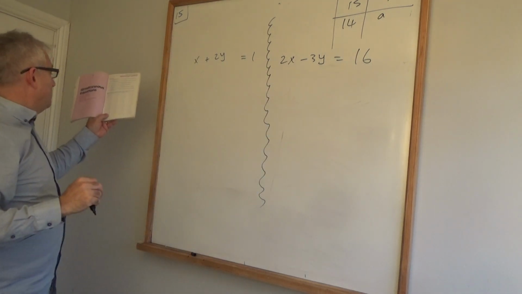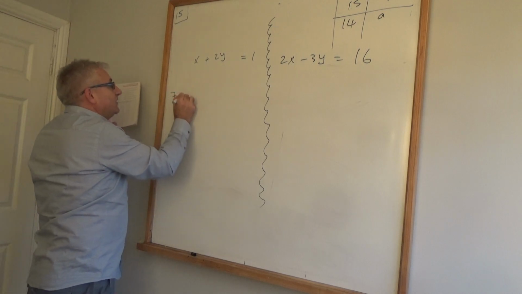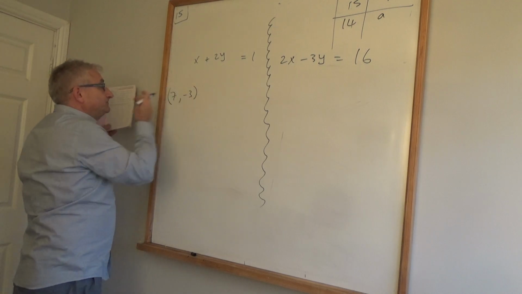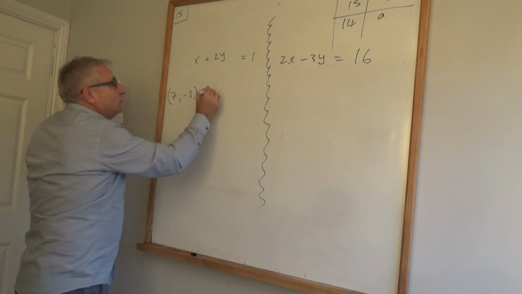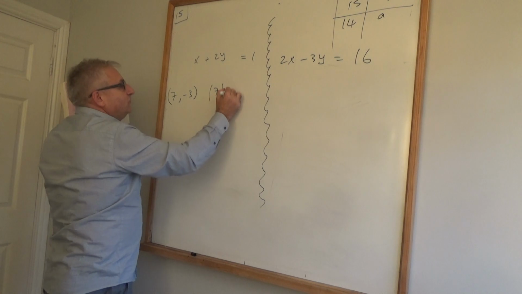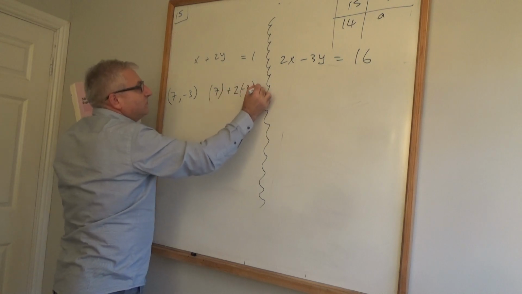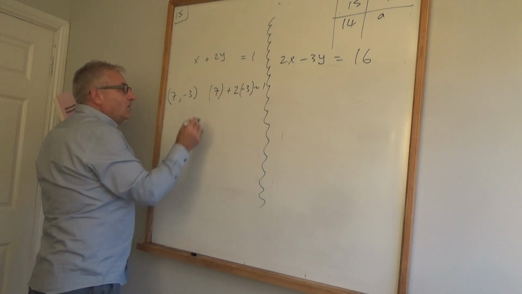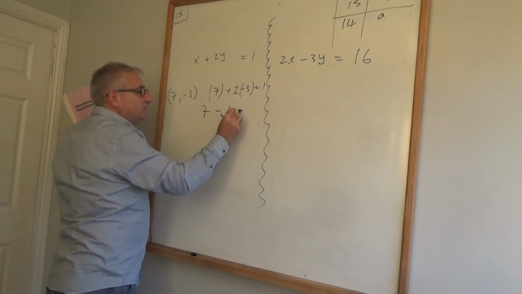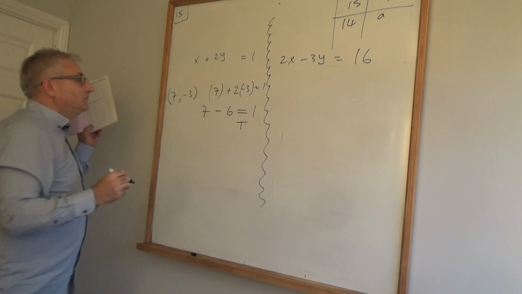And we are now in question 15 trying out how 7 and negative 3 look. So we would get 7 as a substitute and negative 3 as a substitute squiggled to 1. We would get 7 take 6 is indeed equal to 1. True. Okay.